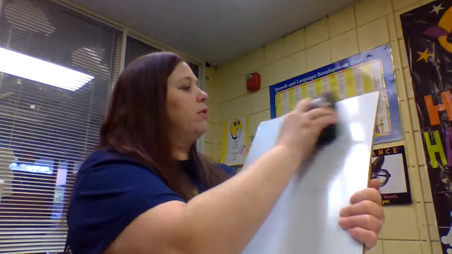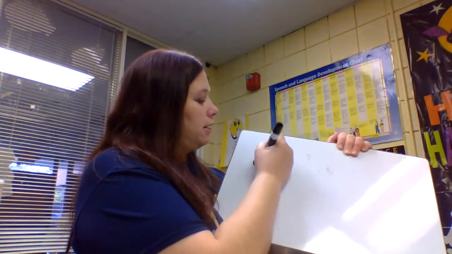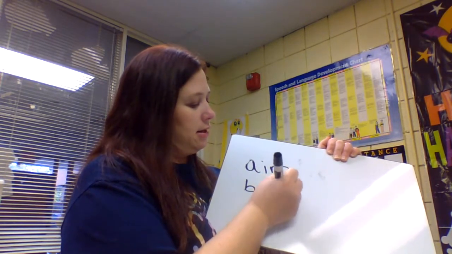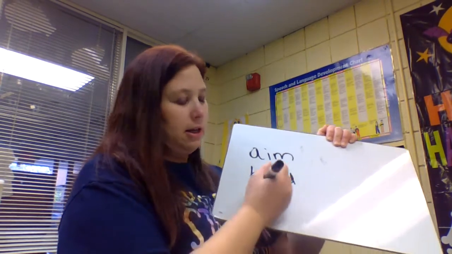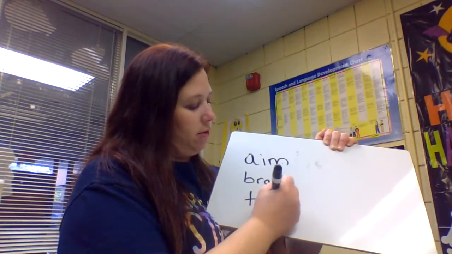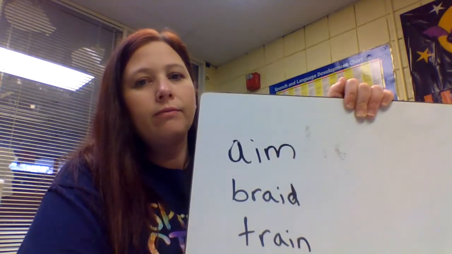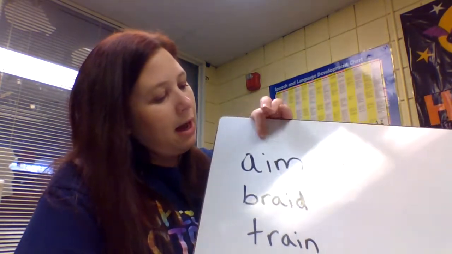Next we're going to talk about our new sounds, our new digraph. We're going to look at aim, braid, and train. What do you notice about all these words? How are we making that A sound? Yep, it's that A-I.